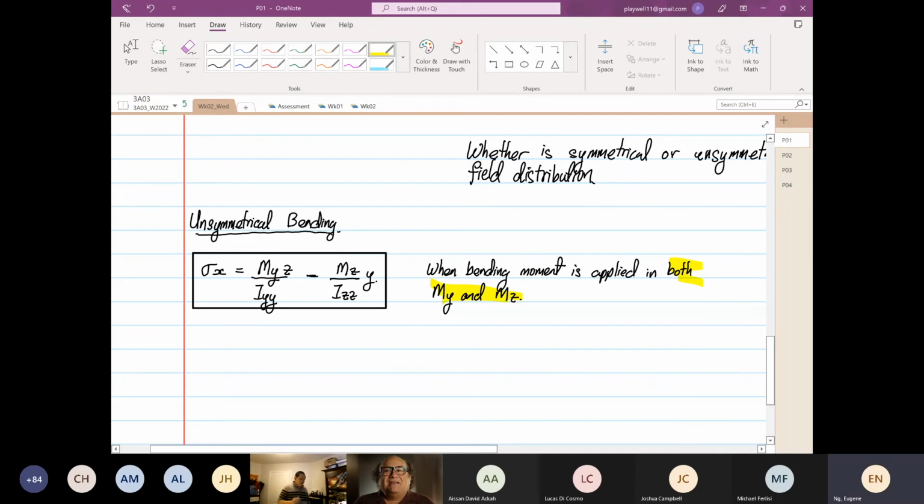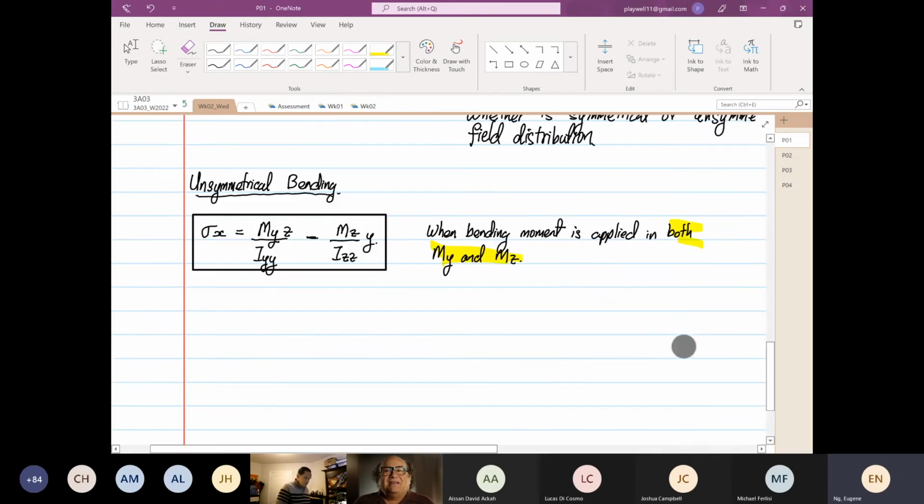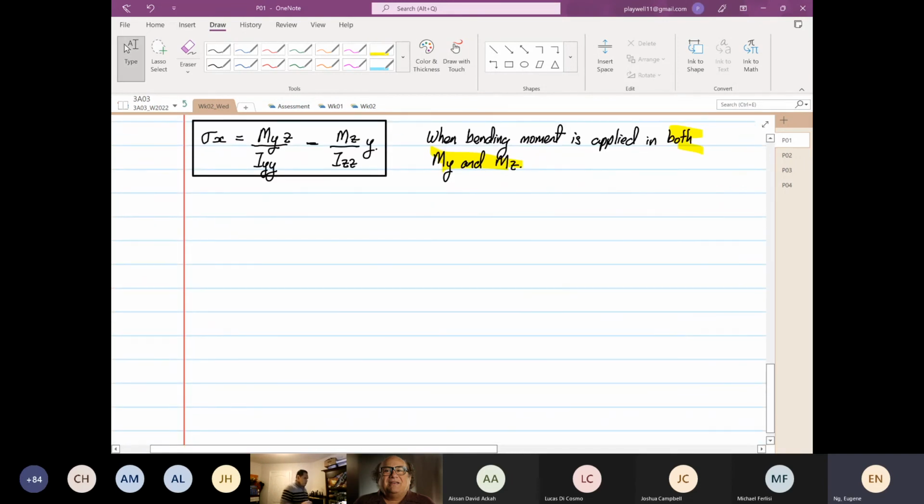Okay, so now we are going to look at the cross-sectional view of a beam. Or before we do cross-sectional, I'll do a 3D view. I try to sketch a 3D view. So in terms of a 3D view, yeah, so this is our beam.